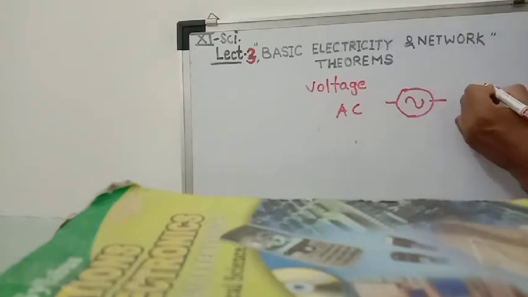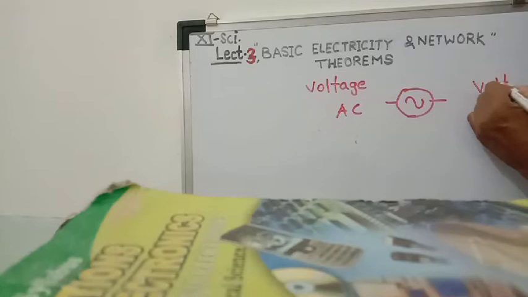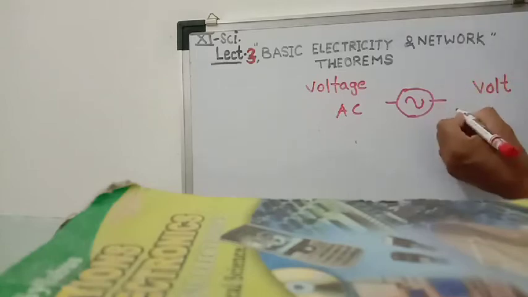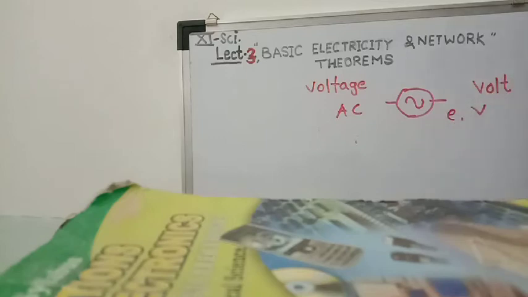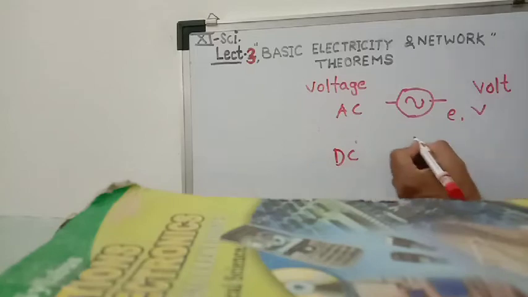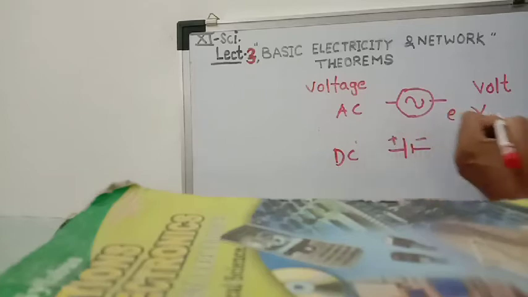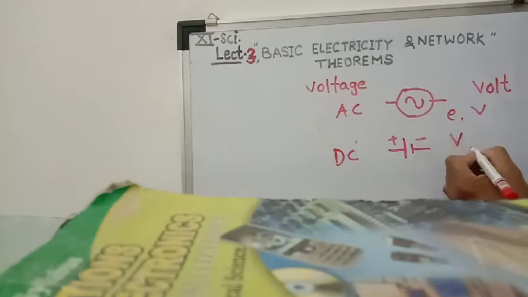Its unit is volt and the letter is E or V. Then DC voltage is indicated like this. This is a DC voltage. It is a battery and it is indicated by the letter V or E.